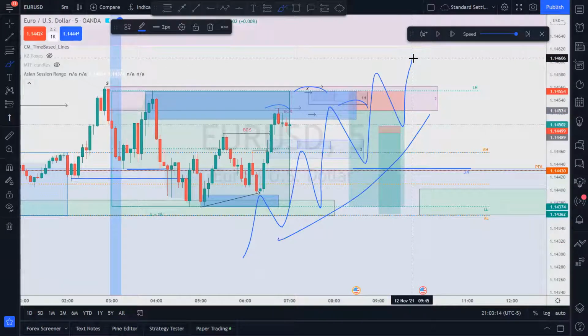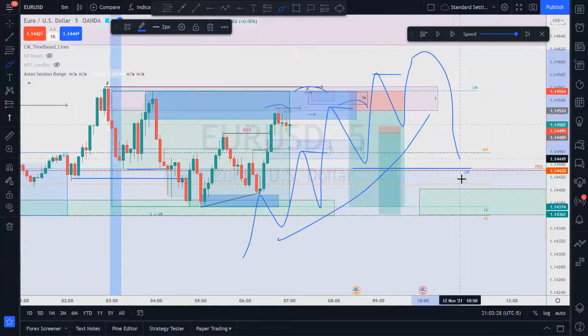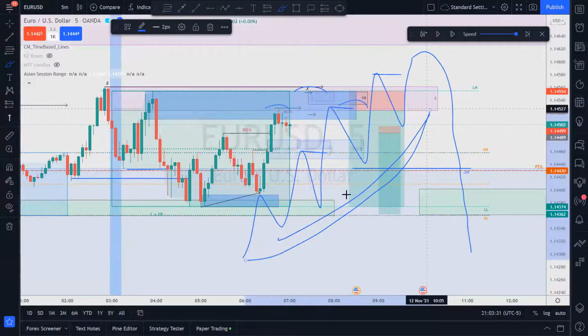And what will price do? It creates these highs, and each time it comes up and takes the stop losses that are up there, all the liquidity at these points. And then it comes down and sweeps all of the liquidity down here. That's internal liquidity. This now becomes external liquidity.